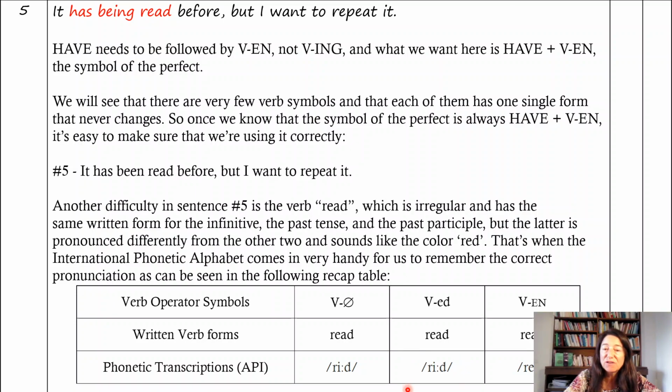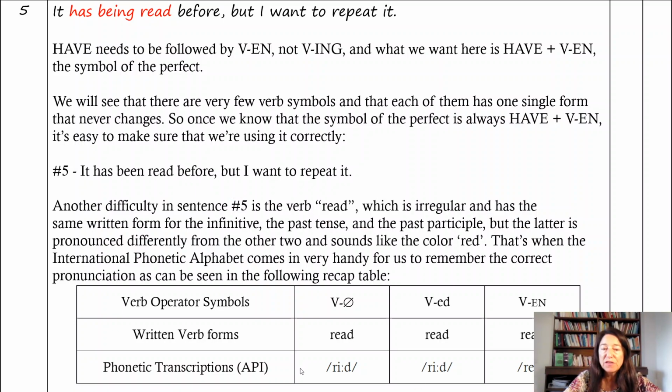So this is not correct, and we need to have this transcription here instead. Make sure you correct it. And remember, the pronunciation for the past tense is the same as for the past participle. Read, read, and then this sentence here reads, it has been read before, but I want to repeat it.